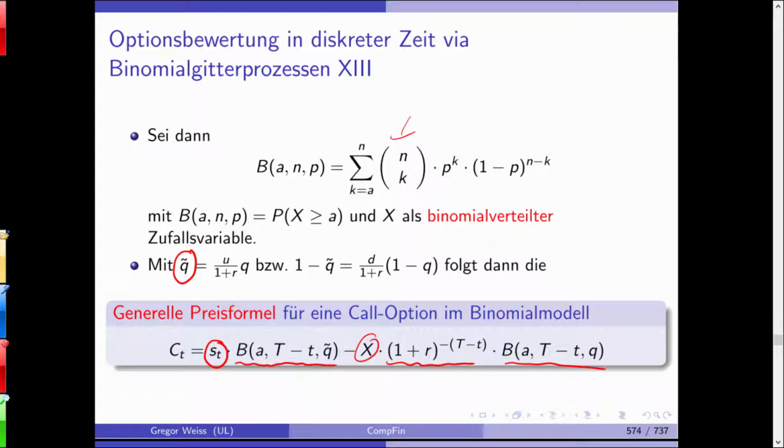And you might remember this from the Black-Scholes model. In the Black-Scholes model, it looks like this: S_t times N(d1) minus X e^(-r(T-t)) times N(d2).